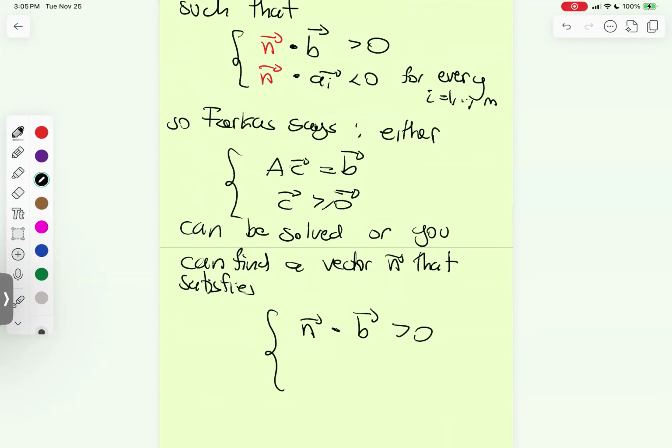and these can also be written in matrix notation, because of the transpose of the matrix. And this should be less than or equal to.